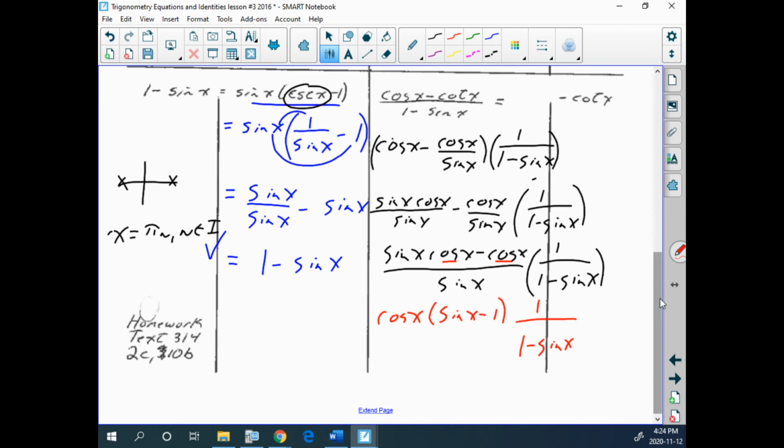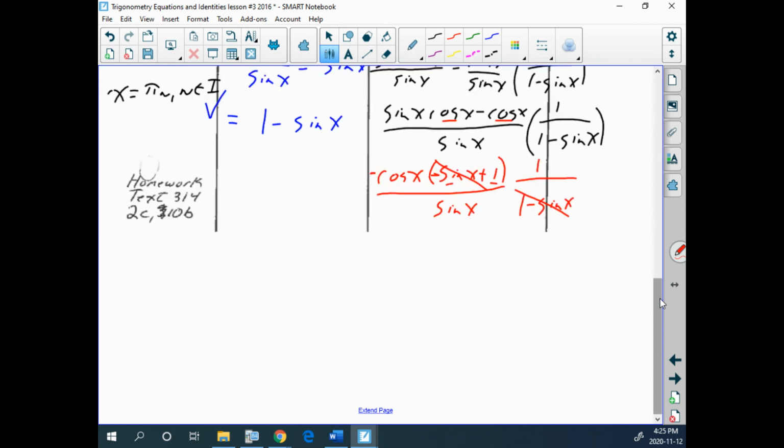So if I take out a negative cosine, the sign changes there to negative, changes there to positive. And I'm left with, I still have my sine x on the bottom. Now I have 1 minus sine x and 1 minus sine x. Those guys are going to cross off. And I'm left with negative cosine x over sine x, which is negative cotangent x, which is what we have at the top.